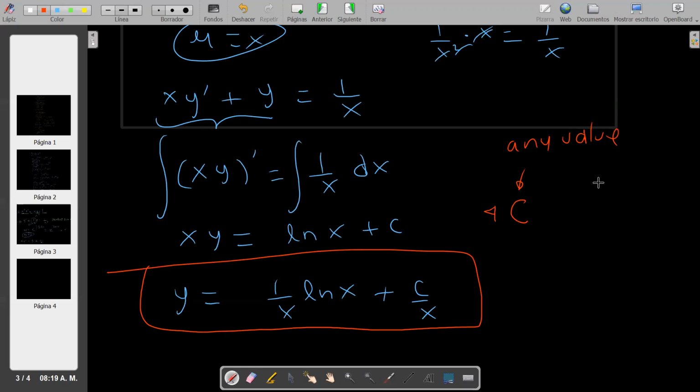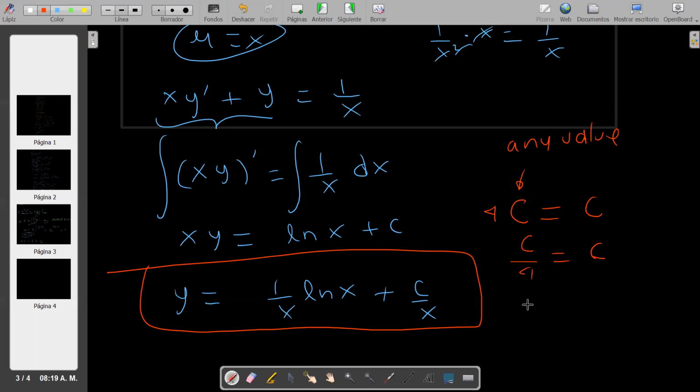So if I ask you to give me what is the product of any value times 4, what is your answer? Any value. Any value. So you can replace a constant times a constant with just a constant, and that will be the same in this case.